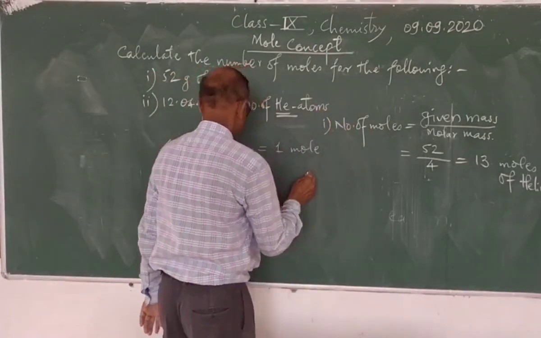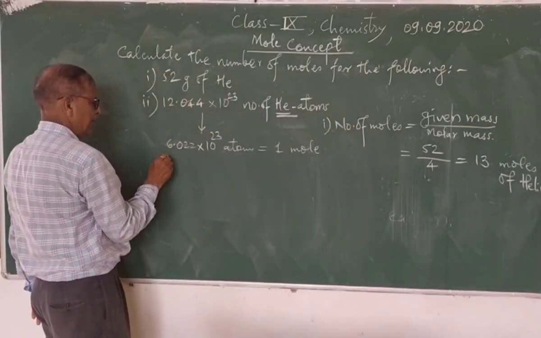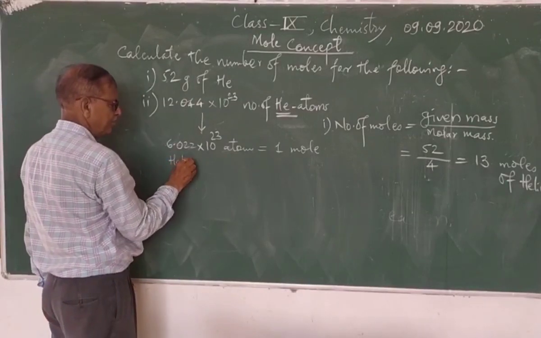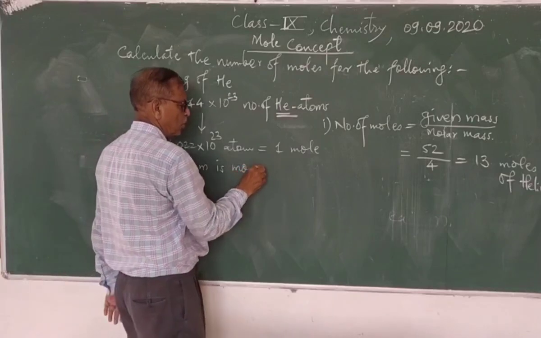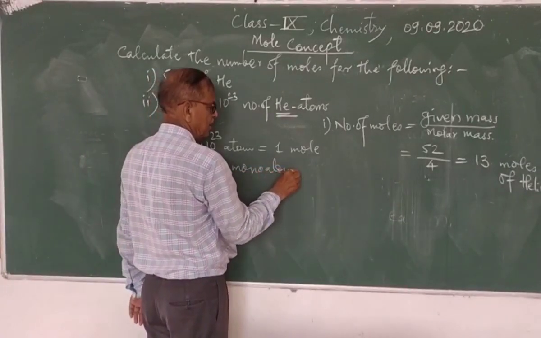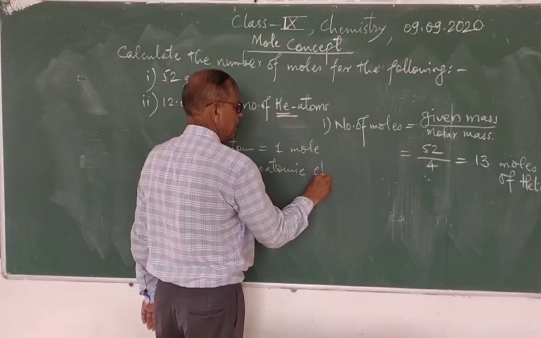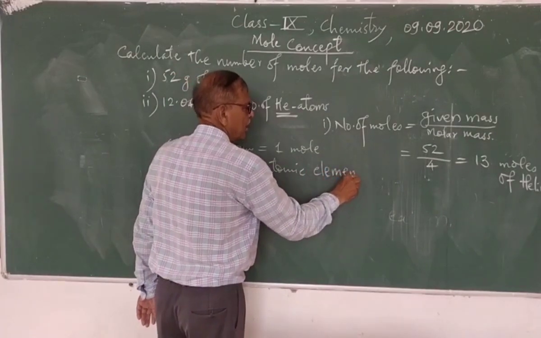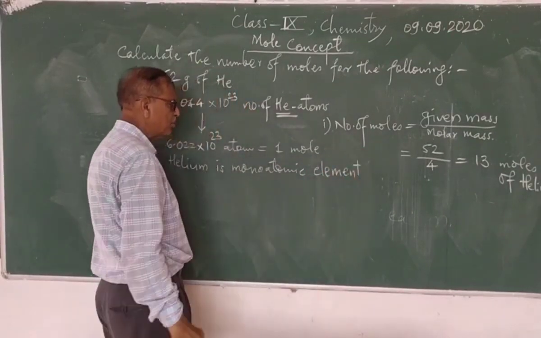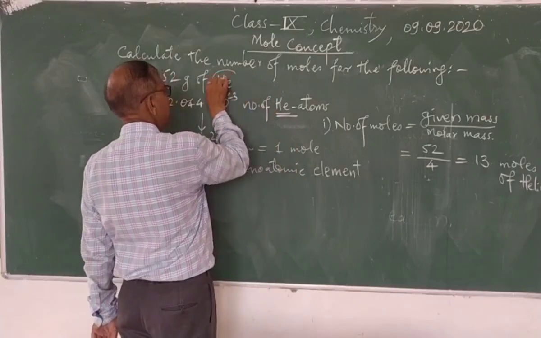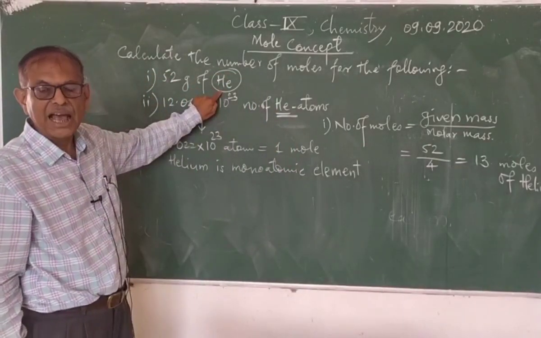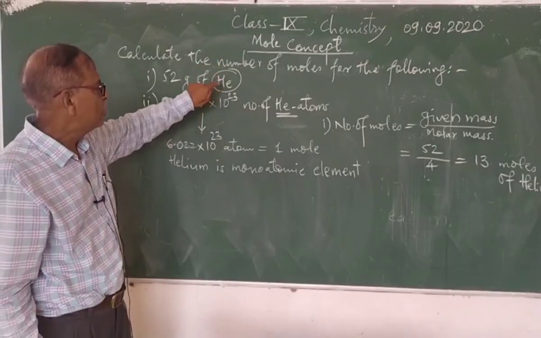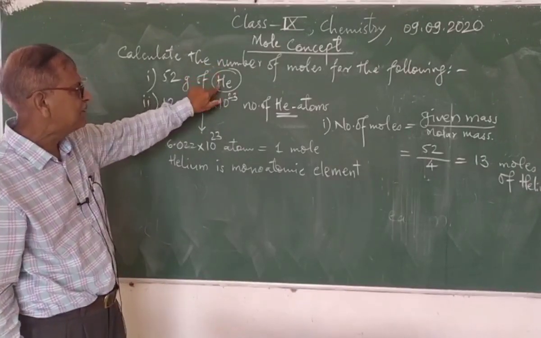Here you write down: helium is a monoatomic element. Monoatomic element means when we write He, it is atom as well as molecule. So helium means atom as well as molecule.